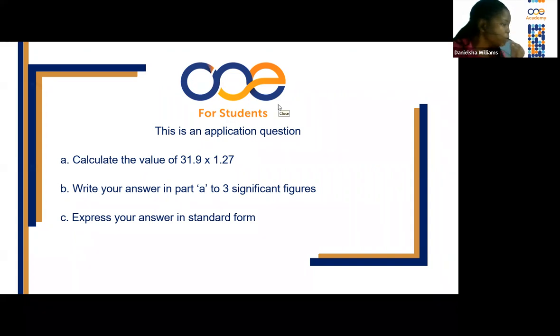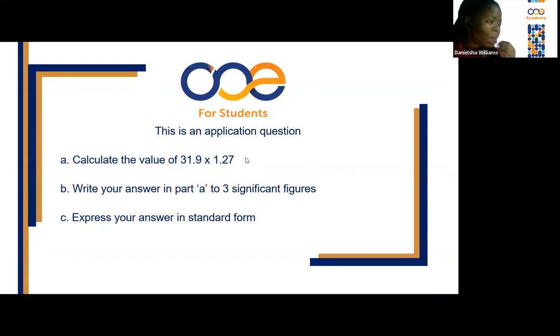All right, so Ophelia, from your response, I realized that you went straight ahead to round off directly from the first part of the question. In a case like this, because it is asking you to calculate the value, just express your answer exactly as you have worked out.